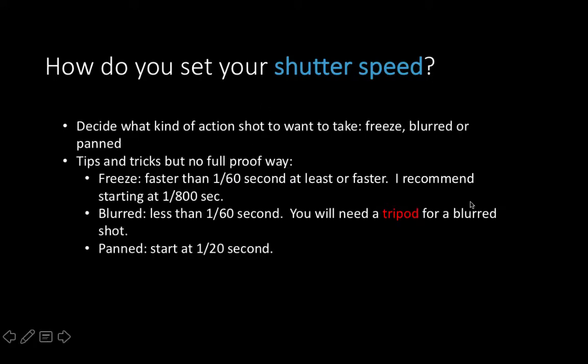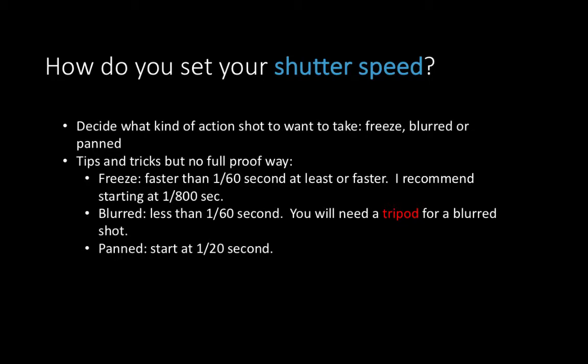How to decide what shutter speed you want to set it to is a little bit tricky because it's hard to tell how fast your subject is moving. But as a good rule of thumb, if you're trying to take a freeze shot, definitely you need to be faster than 1/60th of a second. I recommend even faster than that, but it all depends on what you're trying to take a photo of. A blurred image is going to be less than 1/60th of a second, and you are going to need to stabilize your camera.